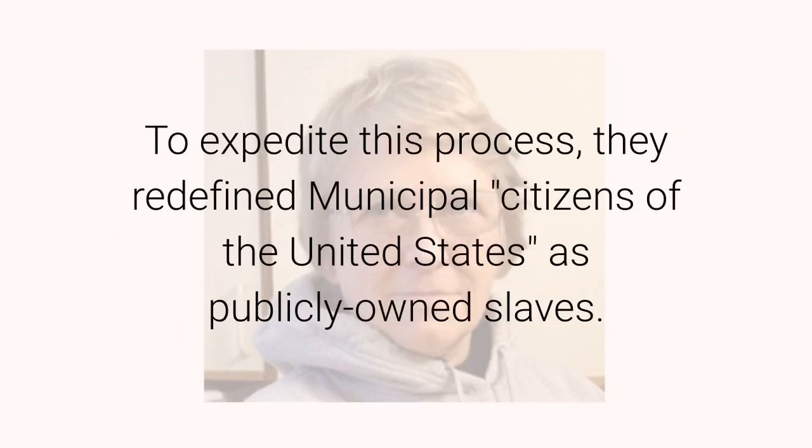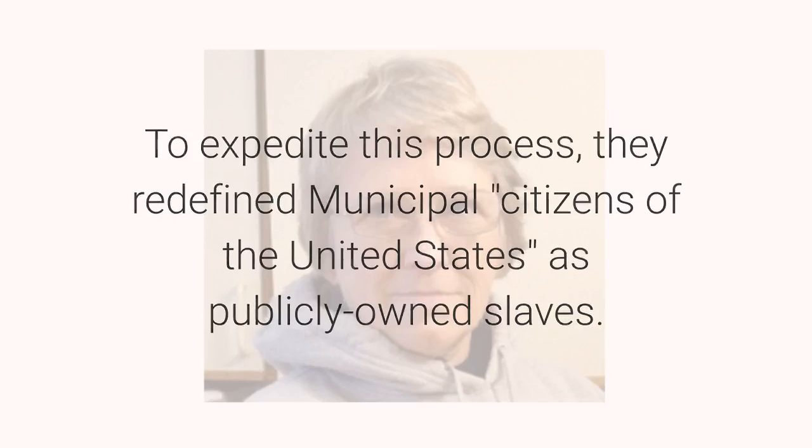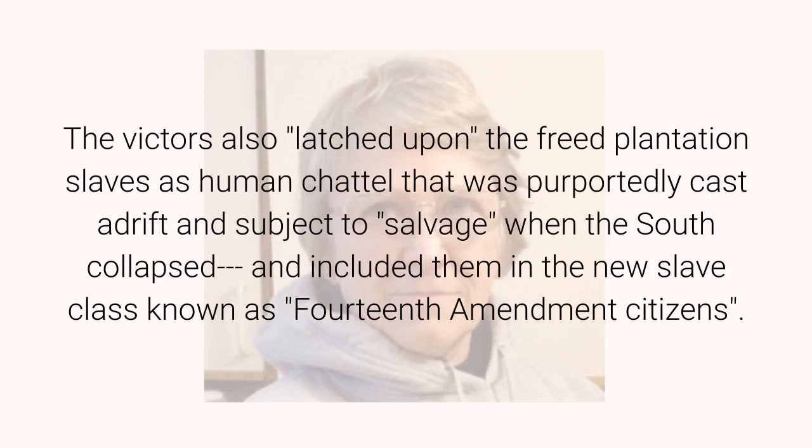To expedite this process, they redefined municipal citizens of the United States as publicly owned slaves. The victors also latched upon the freed plantation slaves as human chattel that was purportedly cast adrift and subject to salvage when the South collapsed, and included them in the new slave class known as 14th Amendment citizens.